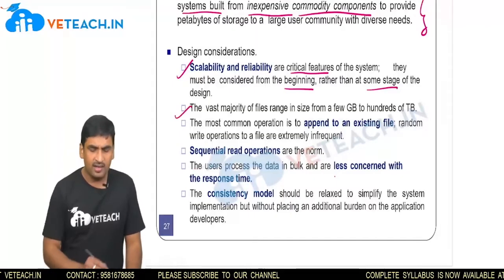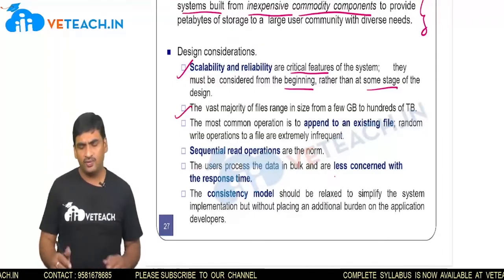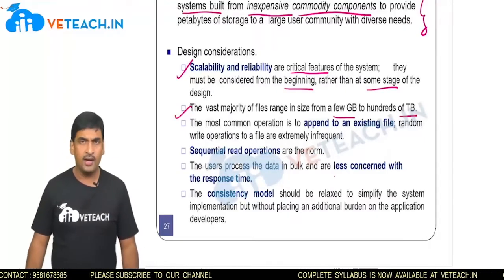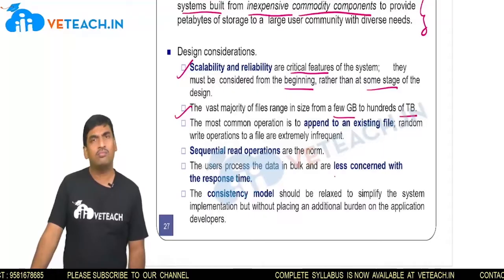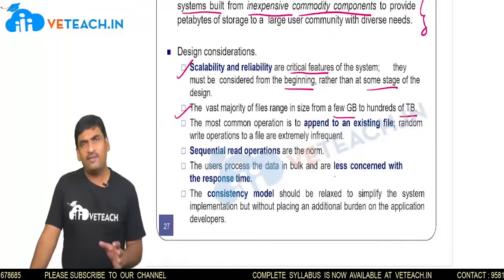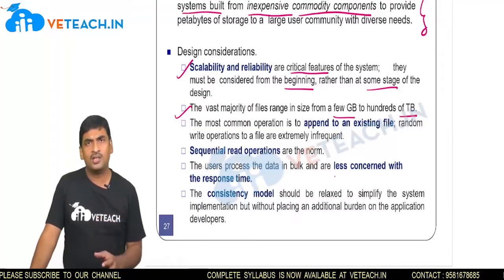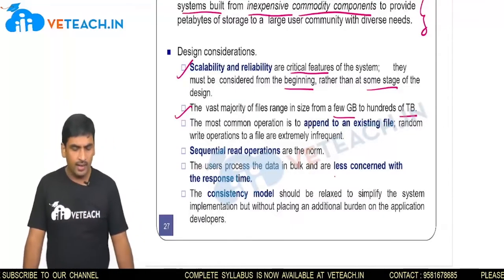A vast majority of the files range from a few gigabytes up to hundreds of terabytes. So basically, we have to design a system that stores and processes huge amounts of data.